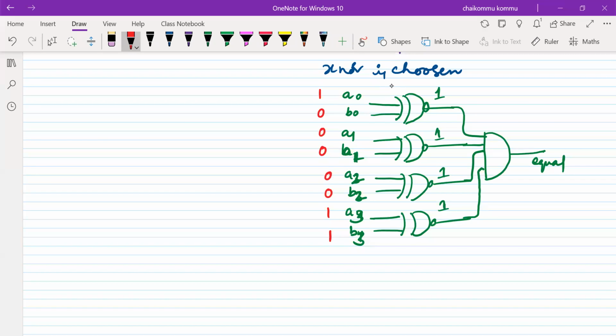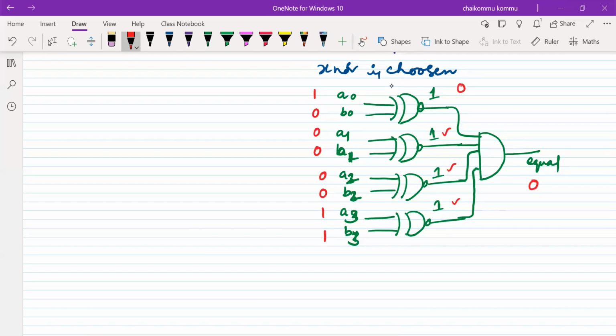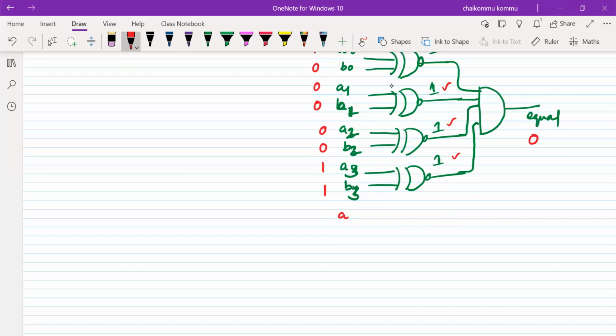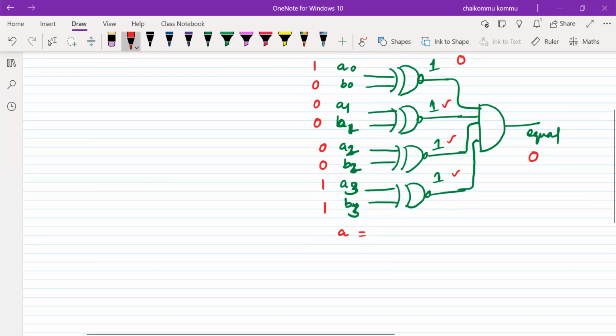Here this value becomes 0, and the others become 1, but because of this one 0, A and B are not equal. For these other bits there is no problem, but the first one is problematic.